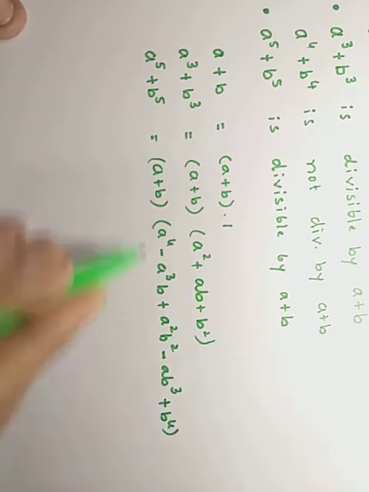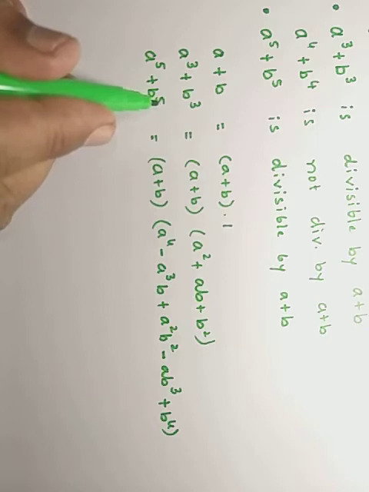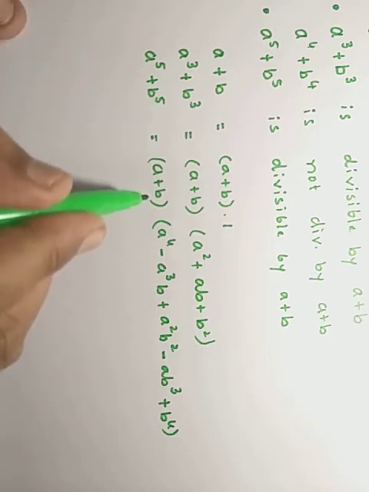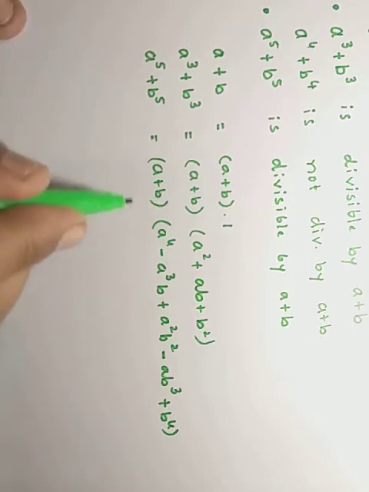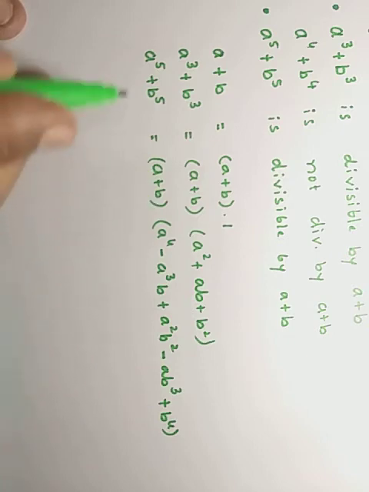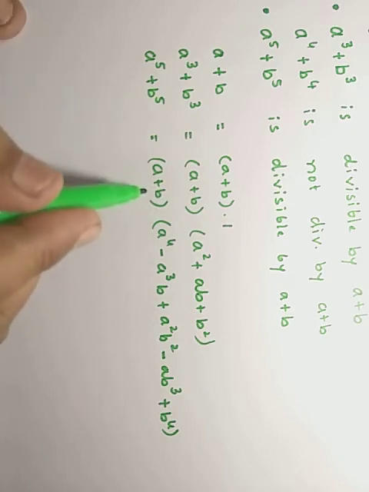These two are called factors of A raised to 5 plus B raised to 5. This also contains A plus B as a factor, and hence this number is divisible by A plus B. If I write divided by A plus B here, both of these cancel, and therefore A raised to 5 plus B raised to 5 also is divisible by A plus B.